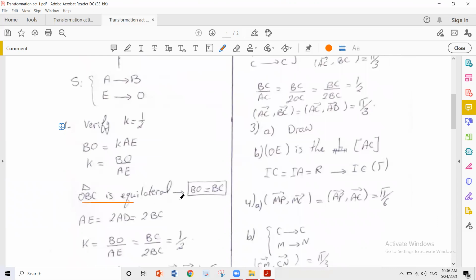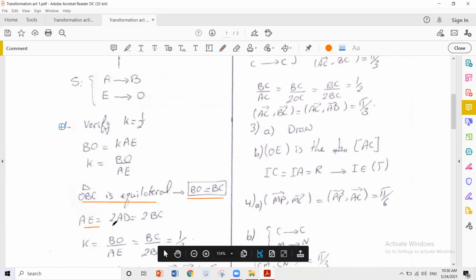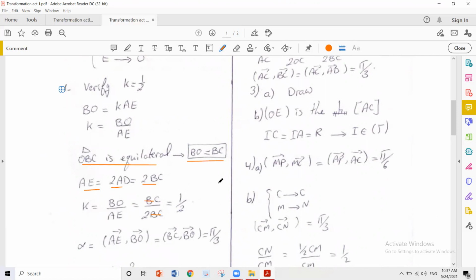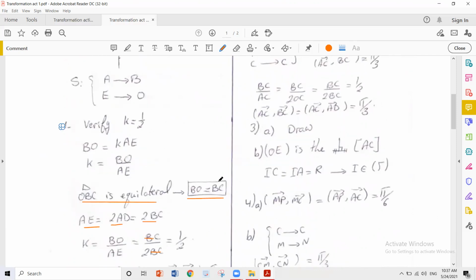Then BO equals BC. AE equals 2AD, which is equal to 2BC. Then K equals BO over AE equals BC over 2BC equals half. Any questions about the ratio?